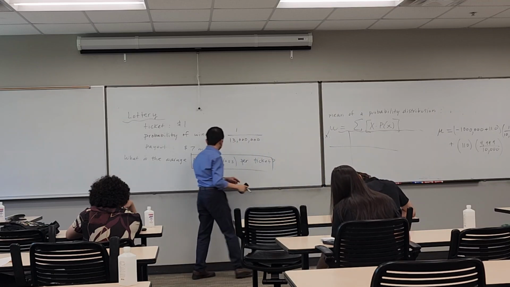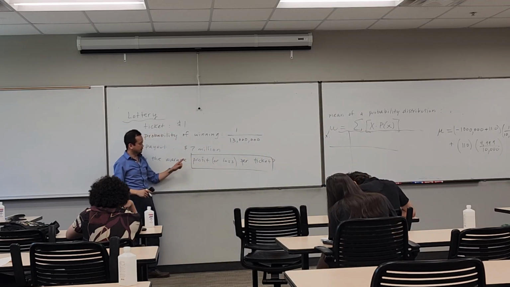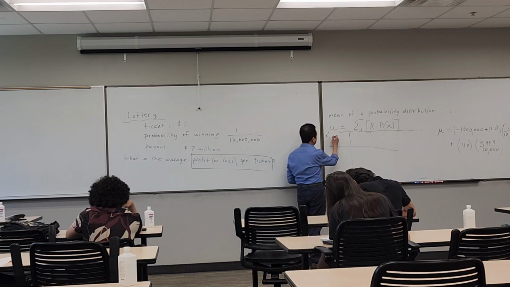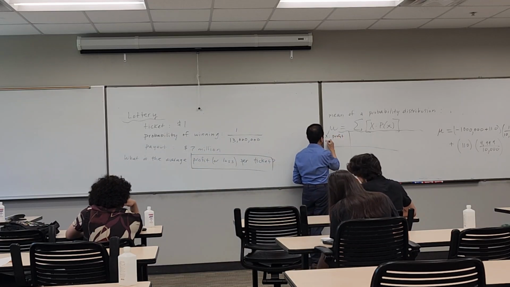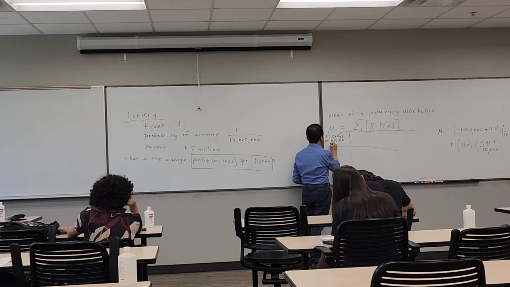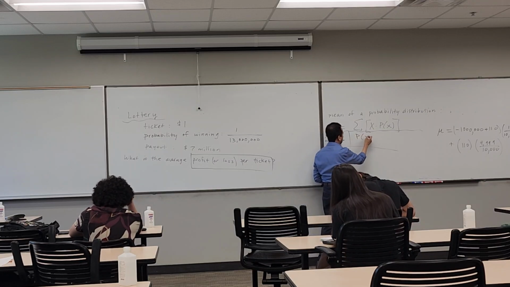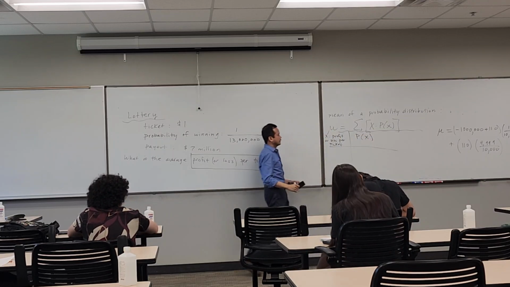So the variable here will be whatever it is we're trying to find the average of, which is the profit or loss per ticket. And the second column will be the probability of each value occurring.